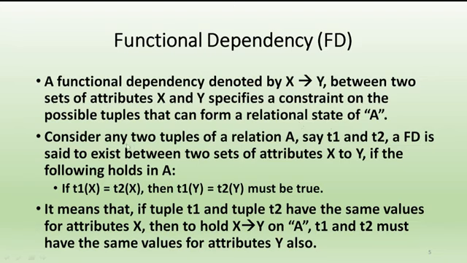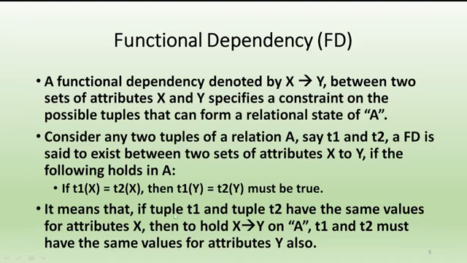And a slightly lenient definition is: consider any two tuples of relation A, say T1 and T2, and an FD is said to exist between two sets of attributes X and Y if the following holds in A. That is, if T1x and T2x agree, that means the value in these two tuples is the same for X attribute, then the value of Y attributes also should match in the tuple.